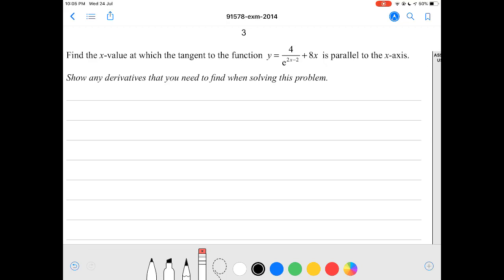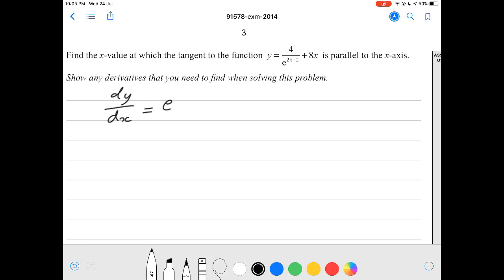So if we put this into practice, dy over dx is equal to, first, the denominator multiplied by the derivative of the numerator, okay?